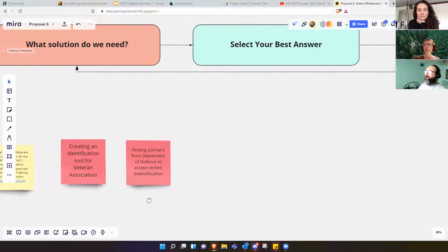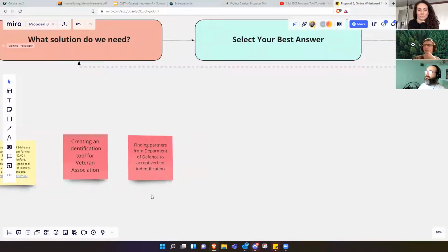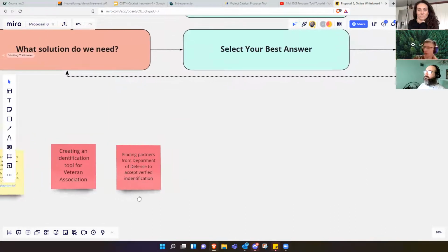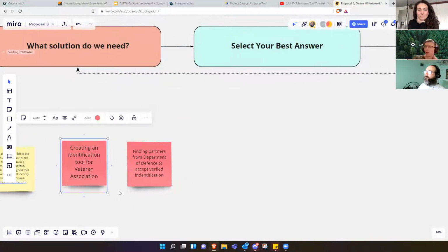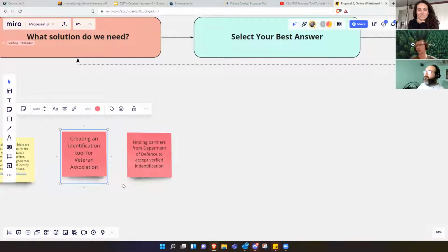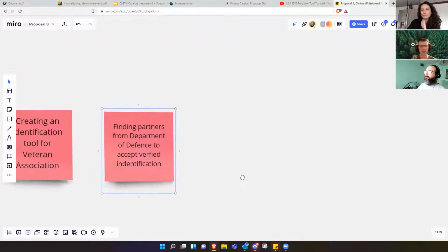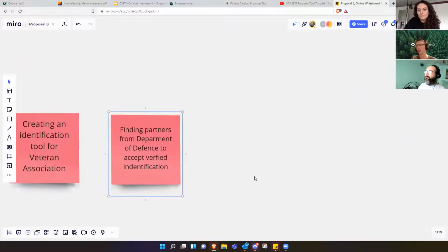Yeah, this is quite the topic, because I have no insight into that. We all know that we can create an identification tool, but as Scott just said, even if we have that tooling, the most crucial thing is to find somebody from inside the Department of Defense who is willing to listen, willing to work together.